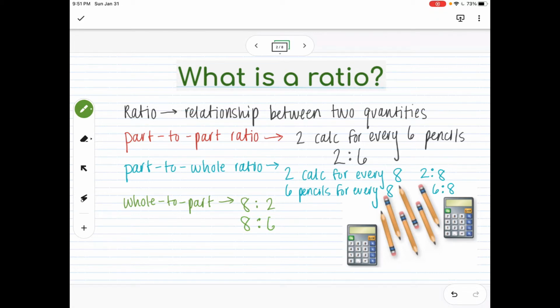And order definitely matters when it comes to ratios. Ratios are basically types of fractions, and we know the fraction symbol literally means divided by. So when we're dividing, we know the order matters. In ratios, the order absolutely matters, and we'll talk about that some more in our next slides. All right, so make sure you are writing this down. This is an idea of what ratios are.